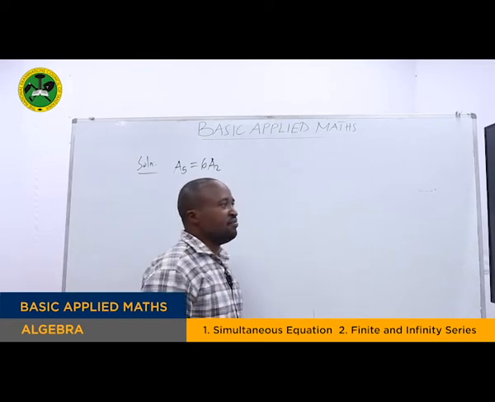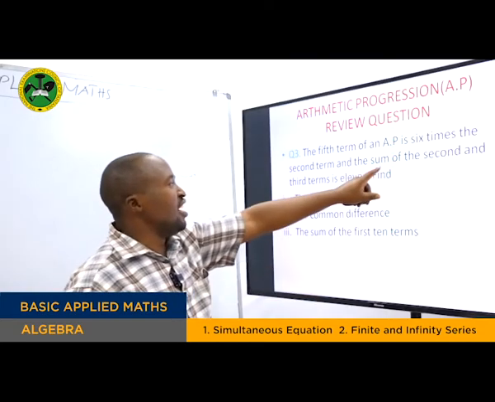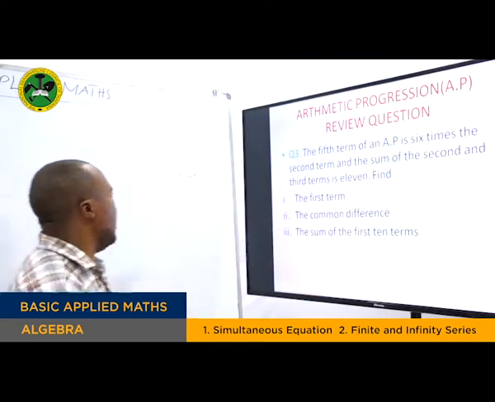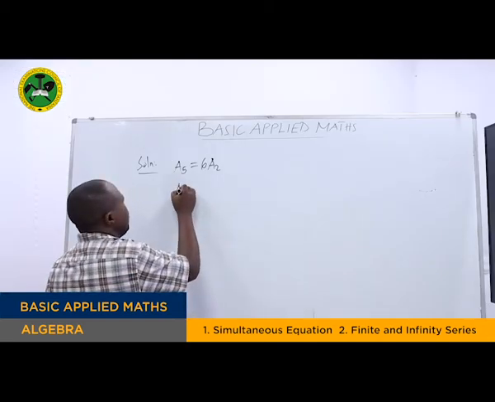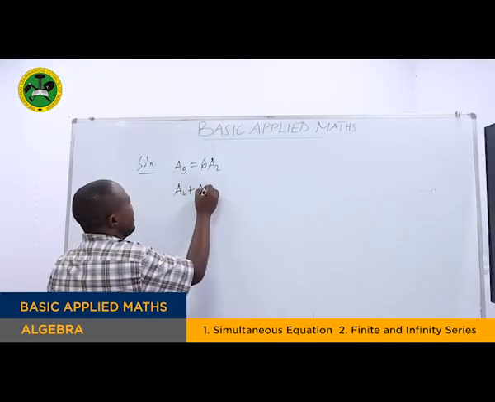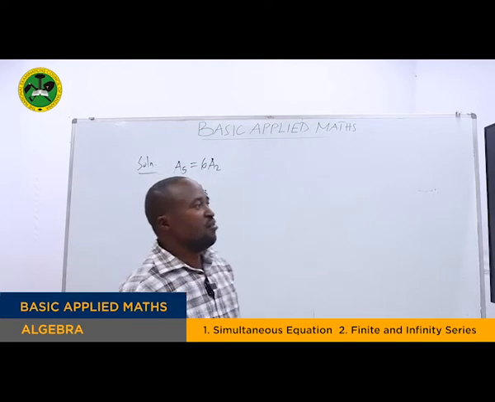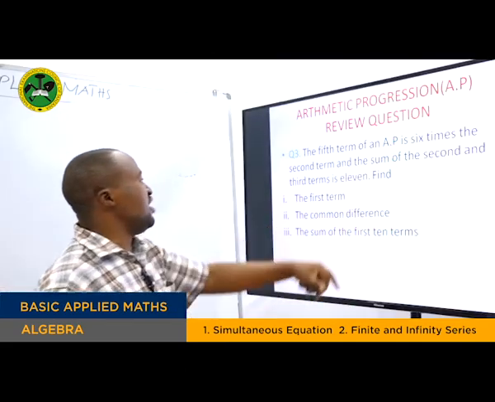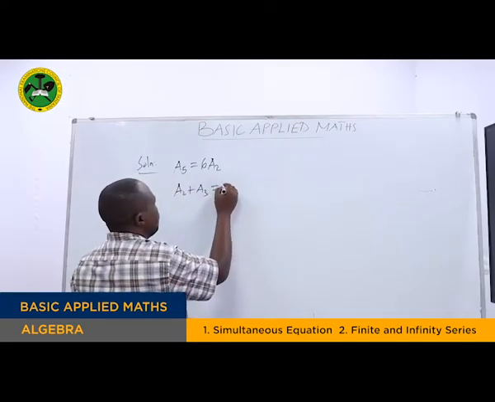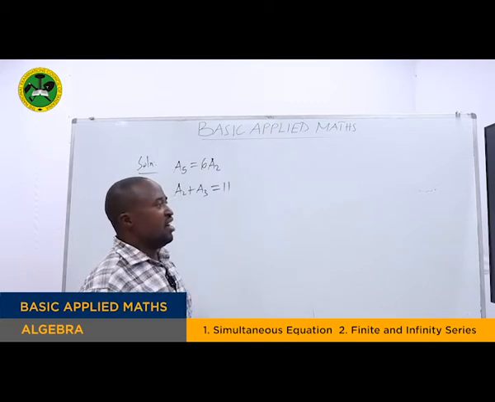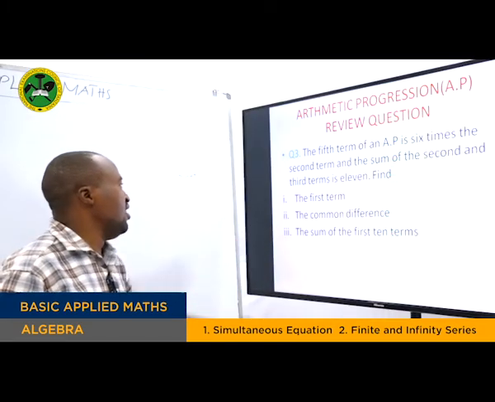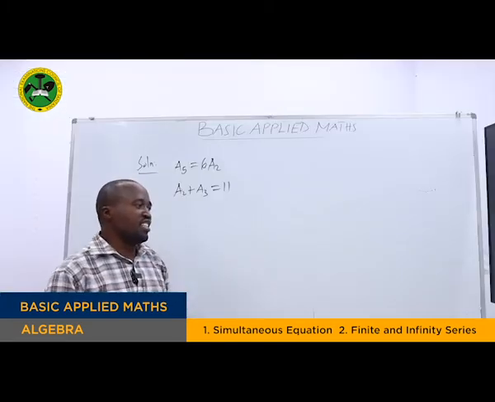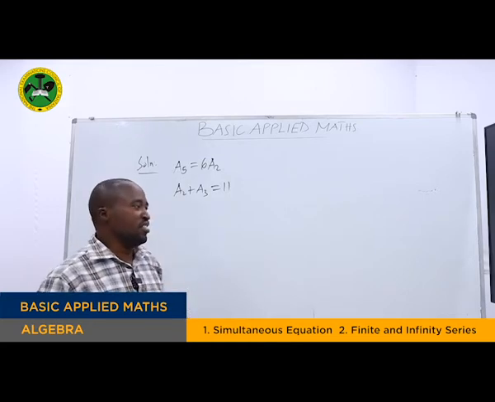But again, the sum of the second and third, that is A2 plus A3. The sum of the second and the third term is 11. This one is equal to 11. Now we have to find the first term, the common difference, and the sum of the first n terms.